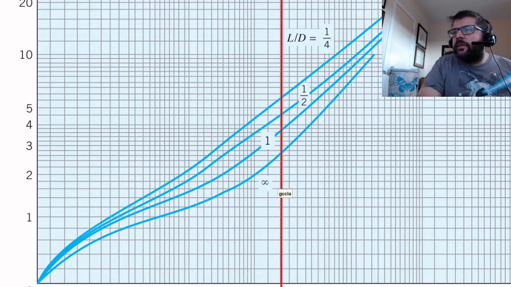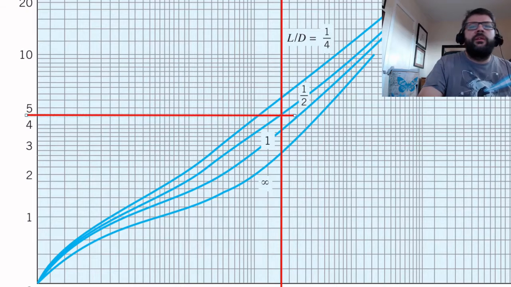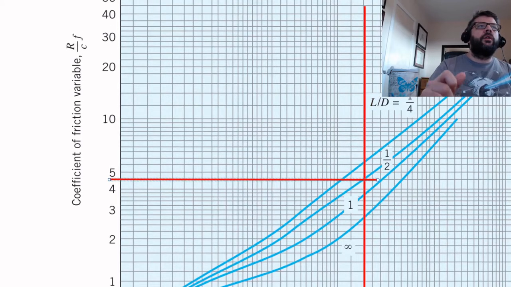And let's see, the L over D for half is the second one from the top, so we're basically right there. That looks to me like we are at 4.5. So 4.5 is, again, the R over C times the coefficient of friction.